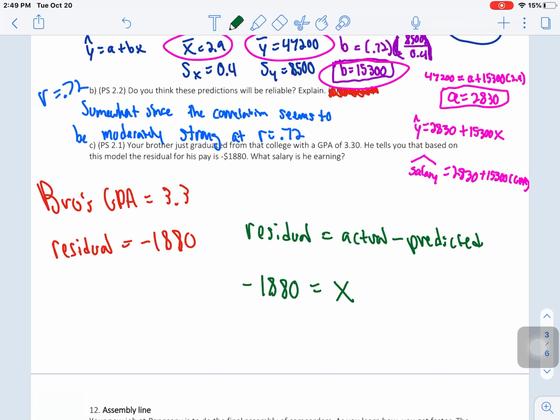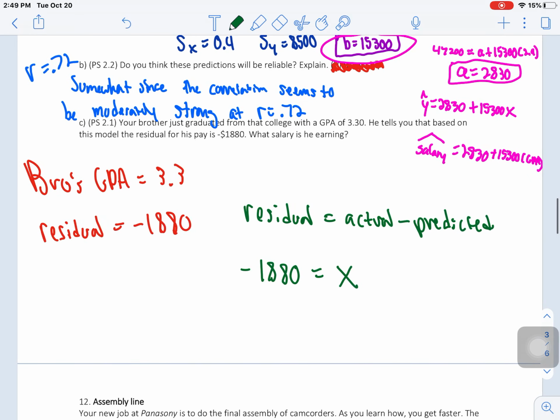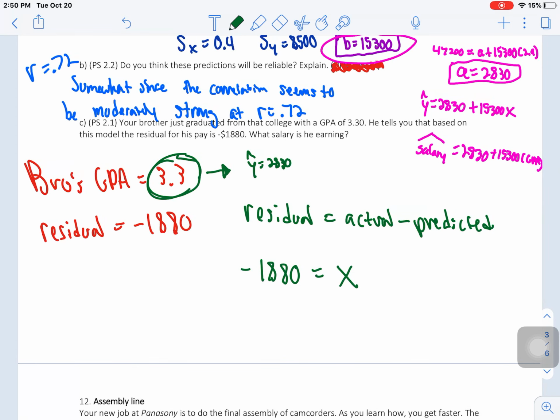But could we figure out what his predicted salary is? Yes, I could figure out his predicted salary because I have his GPA. So I know his GPA is 3.3, and I can use my equation and plug in 3.3 and get his predicted salary. Actually, I'm just going to take all this and plug it in for predicted, since that would give me his predicted amount.